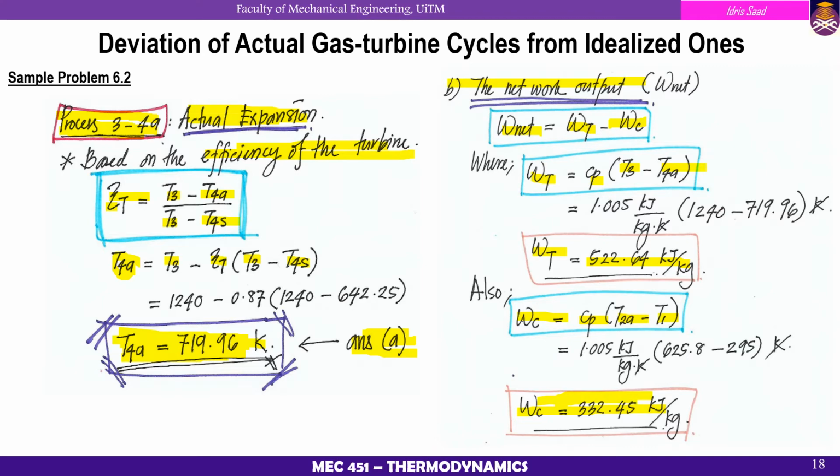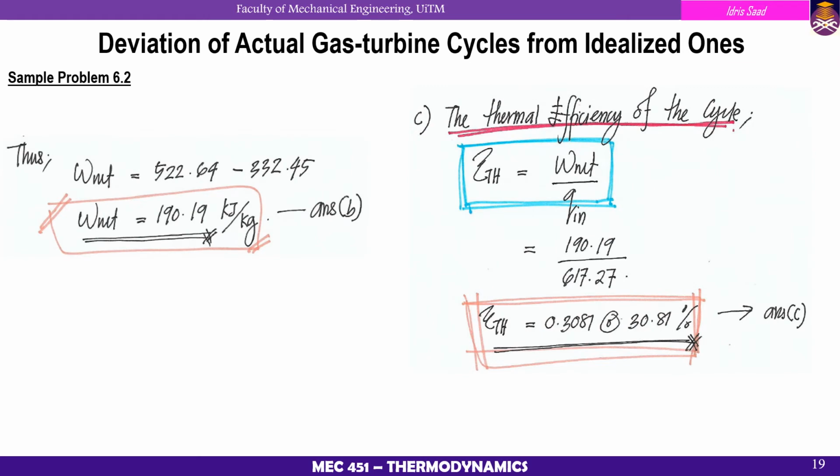So this is how we calculate the work for the turbine and the compressor. But please do remember that now we are using the actual value of the temperature rather than the isentropic value. If you use the isentropic value, which is T4S, in the calculation of the work turbine and work compressor, you will get the isentropic or the ideal work output from the turbine and the compressor.